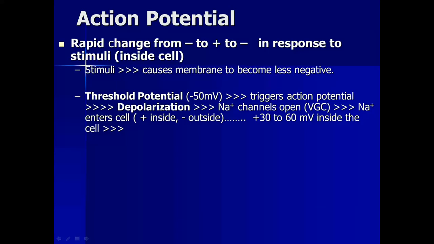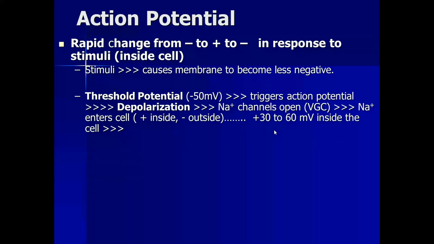The sodium channels open, and that is a voltage-gated channel. Sodium ions enter the cell, making the inside of the cell positive with reference to the outside of the cell. So the action potential is anywhere from +30 to +60.